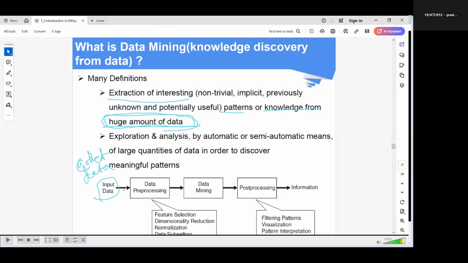Once you apply the data mining, you have some findings, right? Those findings you need to plot, you need to visualize. If you extract something or find some patterns, we cannot explain that pattern in a mathematical way to the top level managers or the managerial people. They don't have enough skills to understand what we are discussing, right?